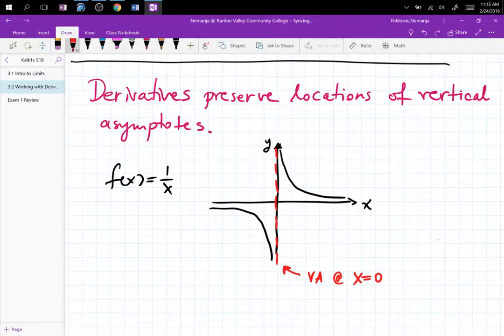Now I need to draw my derivative. To draw my derivative, I note that both pieces of this function are decreasing. And the derivative maintains the vertical asymptote at the same spot.